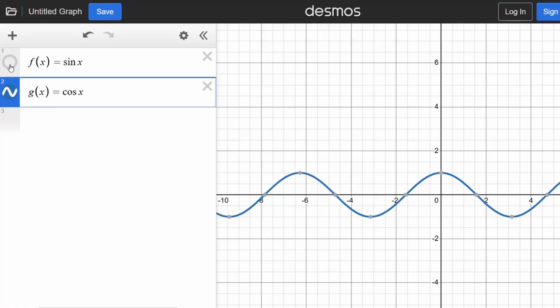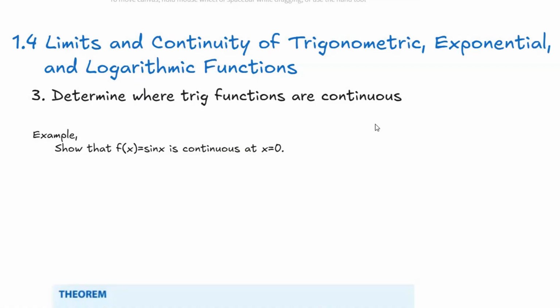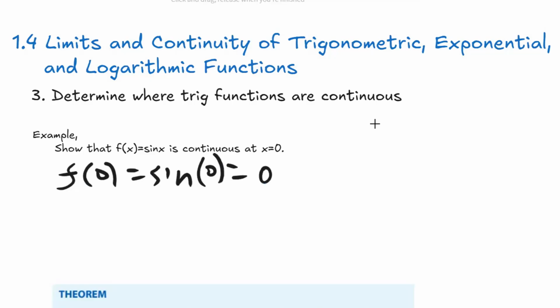And from these two graphs, it appears that sine and cosine are continuous on their domains, which is the set of all real numbers. Now, to show that sine is continuous at x equals 0, first we need the value of f of 0. So sine of 0 is equal to 0.